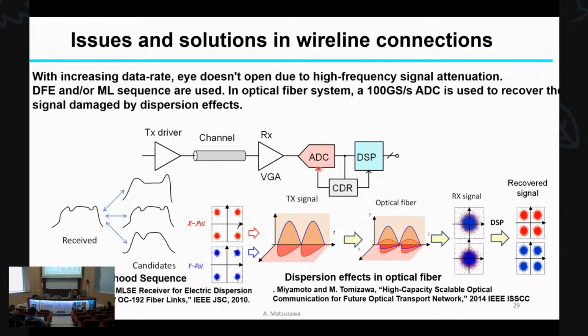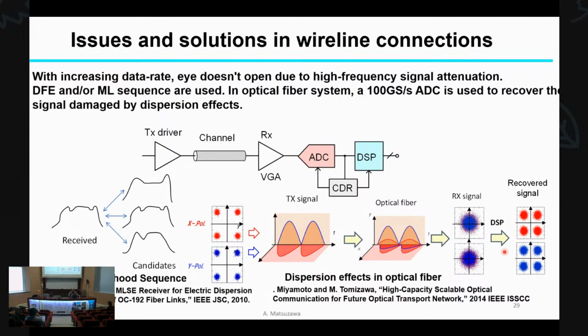So DSP compensates for this shift. This is the TX signal, and this is the RX signal, so we should separate them. DSP can separate like this, so we can realize high data rate optical communication.